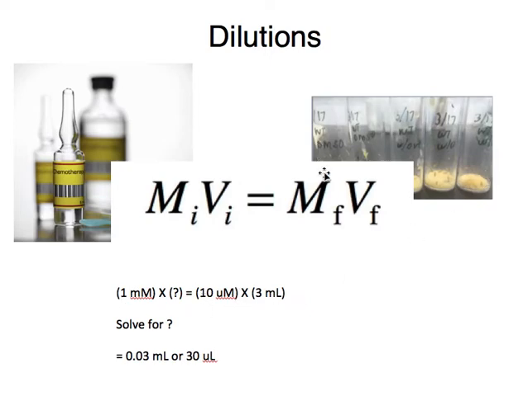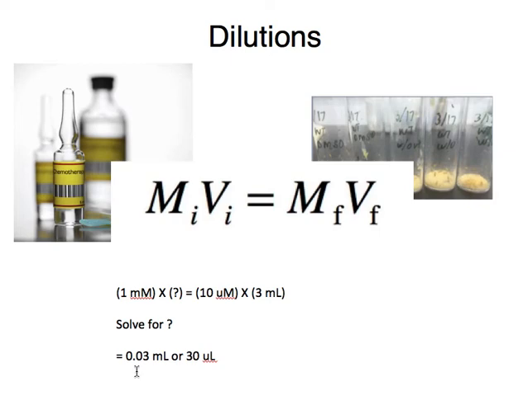You're testing it in 3 milliliters of food. So how do you do that? You ask yourself, what volume do I need to take from here and add to the food to make it 10 micromolar in the food? When you solve for the question mark, or for VI, you get 0.03 milliliters or 30 microliters.